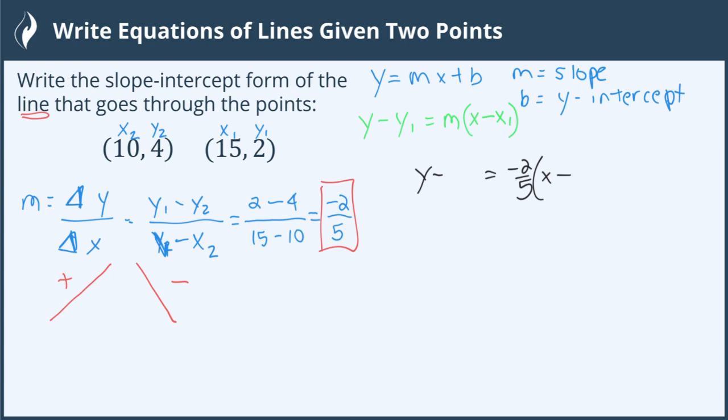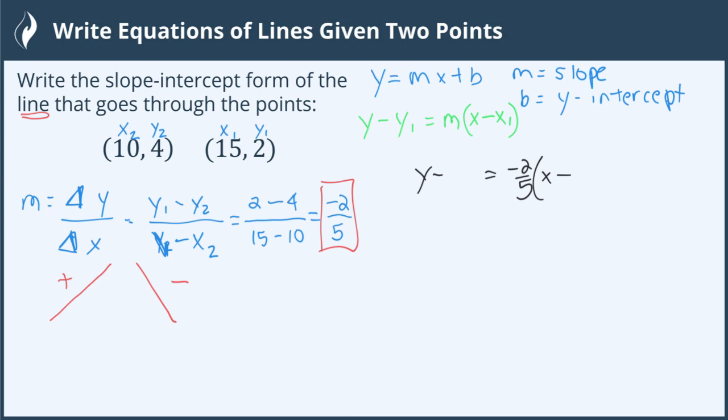And now for y sub 1 and x sub 1, it doesn't matter which point you choose. You could choose this one or you can choose this one. It just means you have to be consistent and use both numbers from the same point. For me, I chose what I originally labeled as x sub 2. I could do the other one, but I'm going to do this one here.